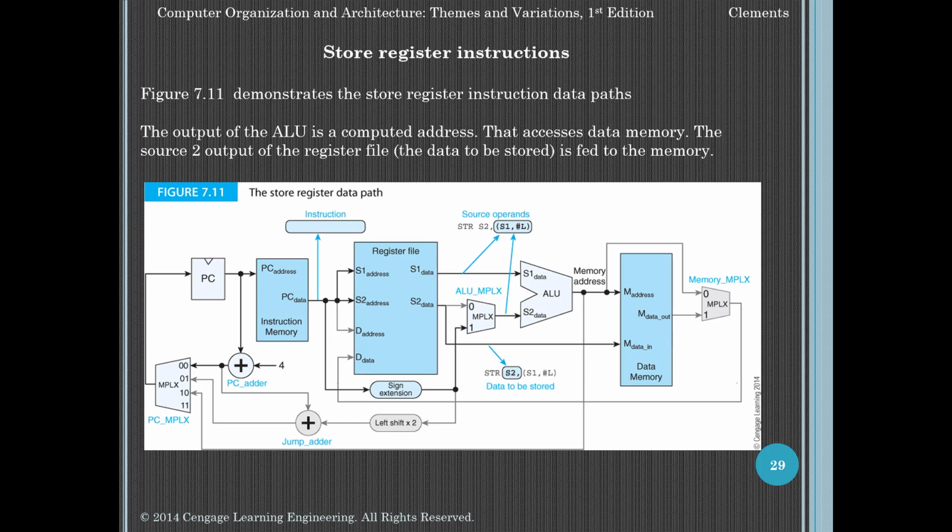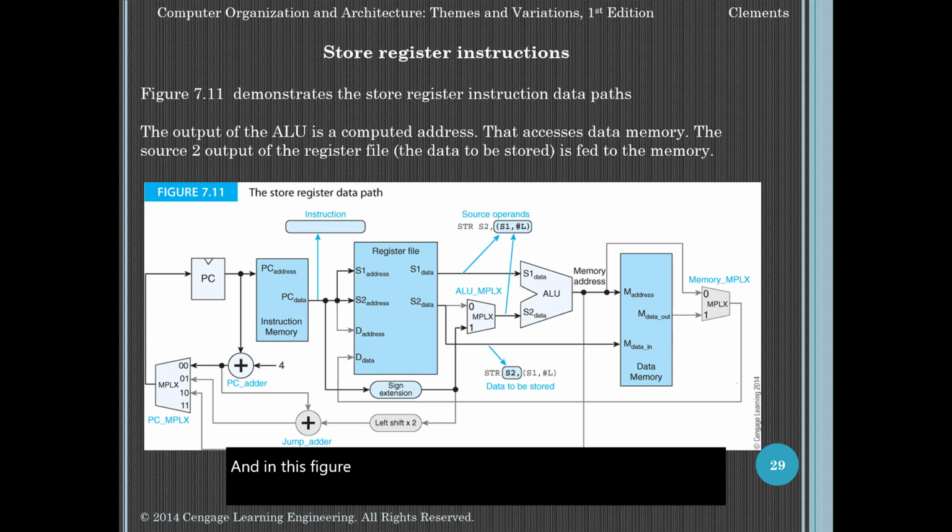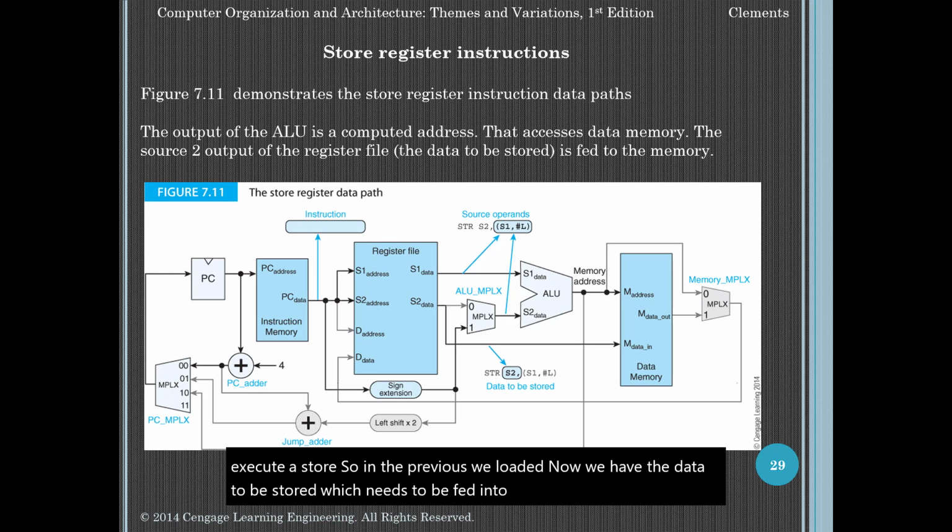And then this figure shows us the flow of information when we want to execute a store. So in the previous we loaded, now we have the data to be stored, which needs to be fed into memory. So we're storing S2 into the address S1 plus our literal L. So the difference here we can see is the direction of data transfer.